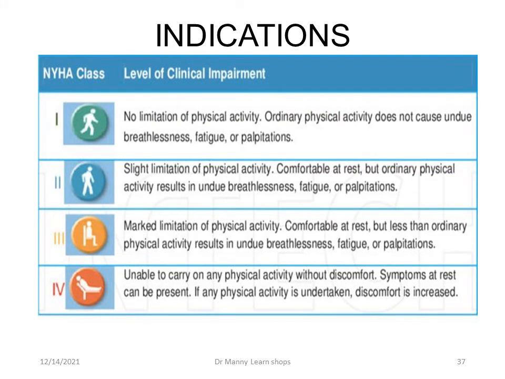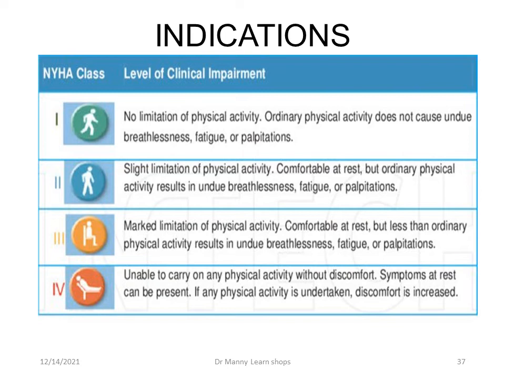When you look at the New York Heart Association class level indications, stage 3 essentially is marked limitation of physical activity. You're comfortable at rest, but less than ordinary physical activity results in shortness of breath, fatigue, or cardiac palpitations. Stage 4 is you're unable to carry on any physical activity without discomfort.